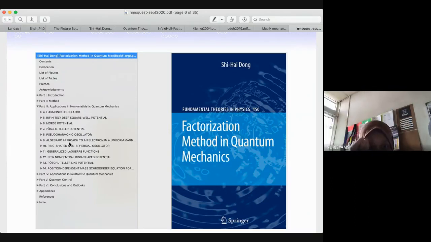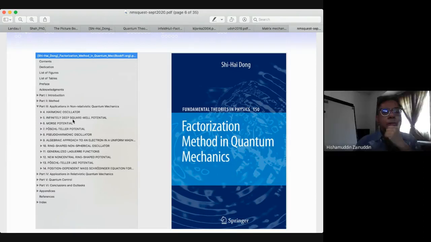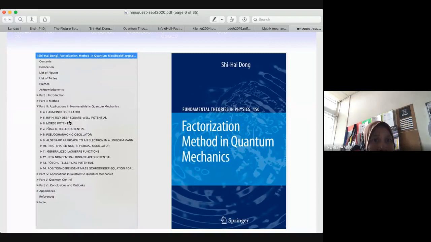If you look at part 3 of this book, there are quite detailed workouts or solutions for applications in non-relativistic quantum mechanics. There are also applications in relativistic QM. The potentials you can see here start from harmonic, infinitely deep square, then we have Morse, Pöschl-Teller, pseudo-harmonic, and so on and so forth.